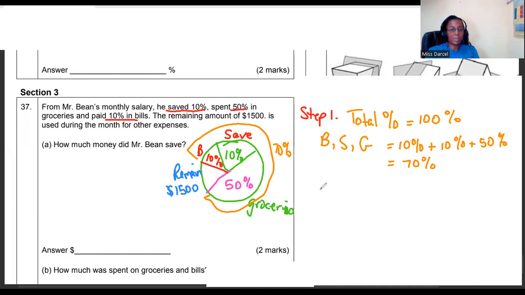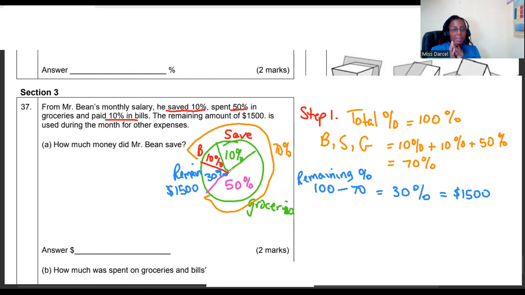So if we know the total percent is 100, and we know he spent 70, so therefore the remaining percent is going to be 30%, right? So therefore, $1,500 is the same as 30%. So we can put that in there. We have now solved it. So our pie is complete.